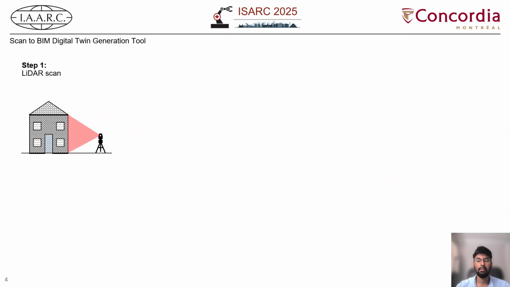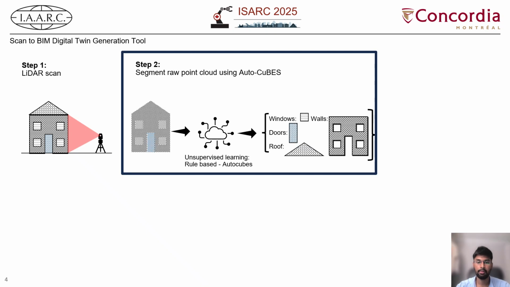Our scan to BIM digital twin generation workflow involves several steps. The first step is to scan the buildings using a LiDAR scanner and collect point cloud data. This point cloud data is later processed and segmented using our AutoCube software into different types such as windows, doors, roofs, and facades or wall points.